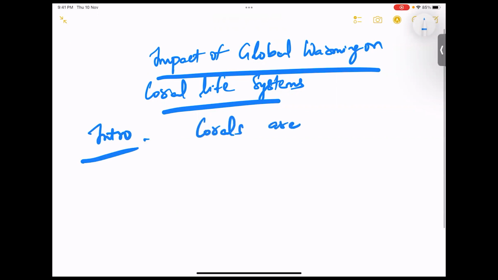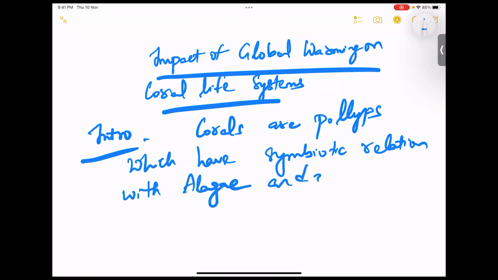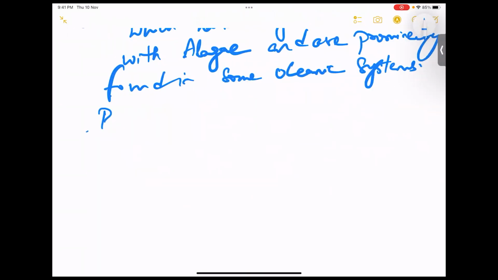Corals are basically polyps which have a symbiotic relationship with algae and are prominently found in some oceanic systems, right?